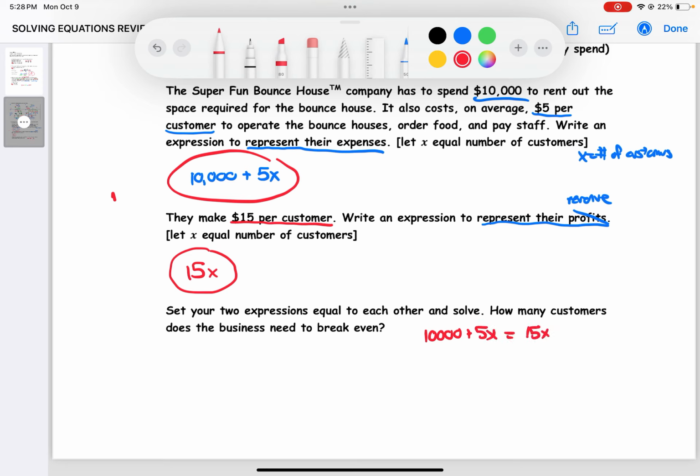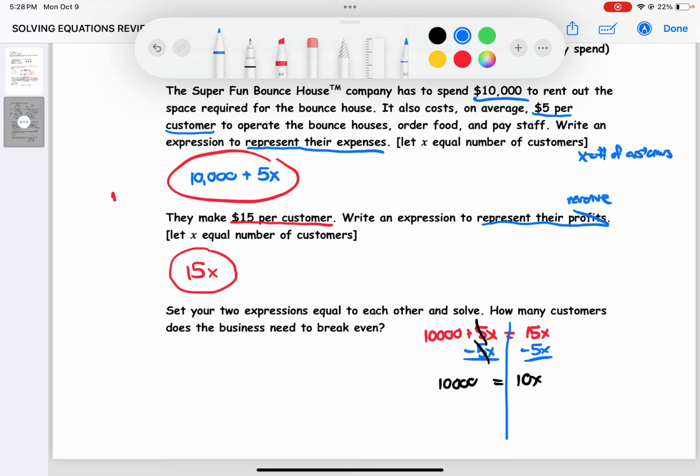And now it is a two-step equation, but not the two-stepper that you know and love, right? Because I have variables on opposite sides. So I have to cancel out one of my variables. So the opposite of plus 5x is minus 5x. So carry everything else down, 10,000. And 15 minus 5 is 10x.